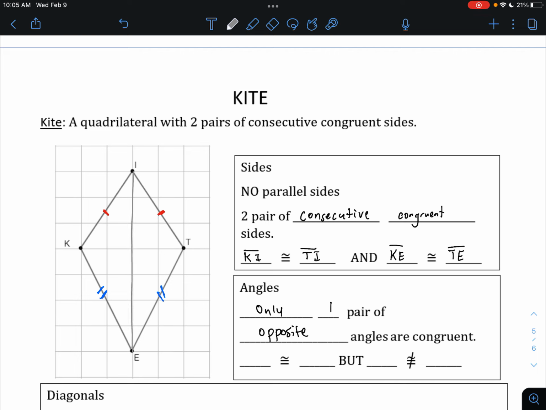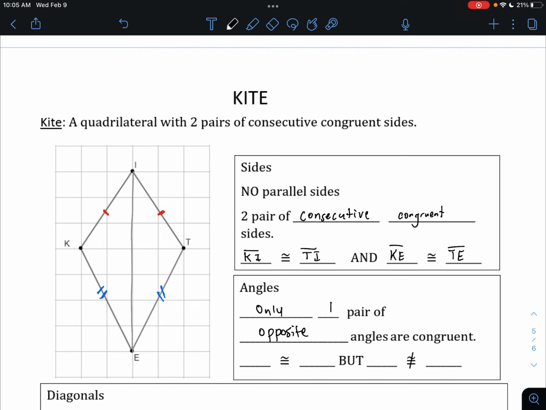Okay. Now in this case, I have 2 triangles where I'm given that these sides are congruent and these sides are congruent. I don't need you to draw this in, just so you know. I just want you to watch what I'm doing.